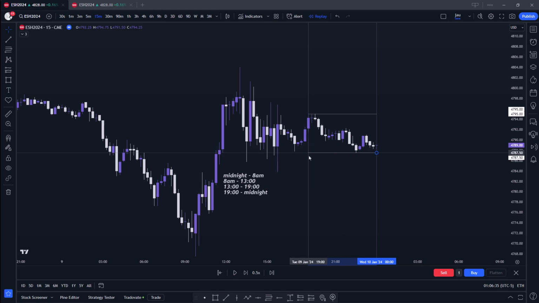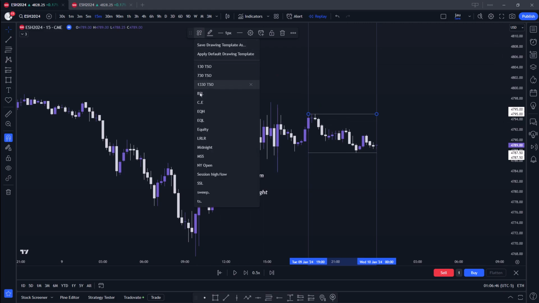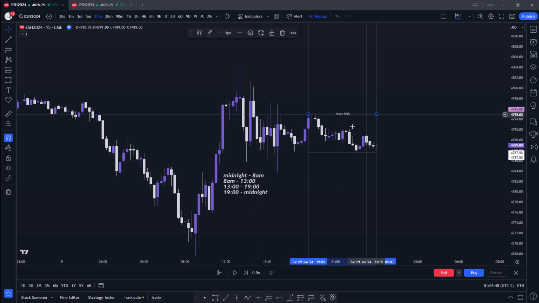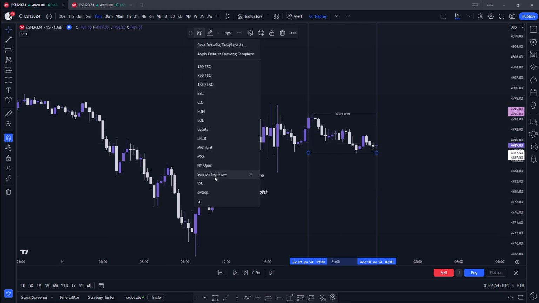So in other words, this is my Asia session high and this is my Asia session low. I typically just call it Tokyo session, which is why if you check my charts, you are likely to see it written Tokyo high, Tokyo low.